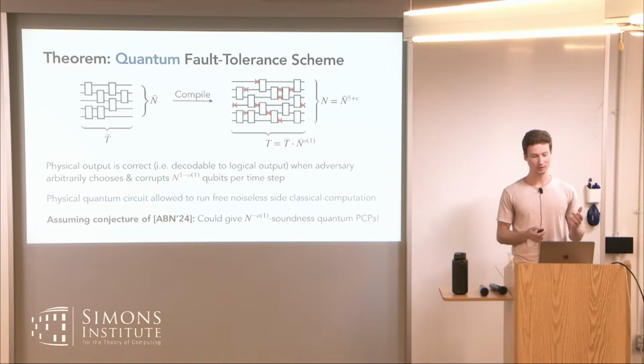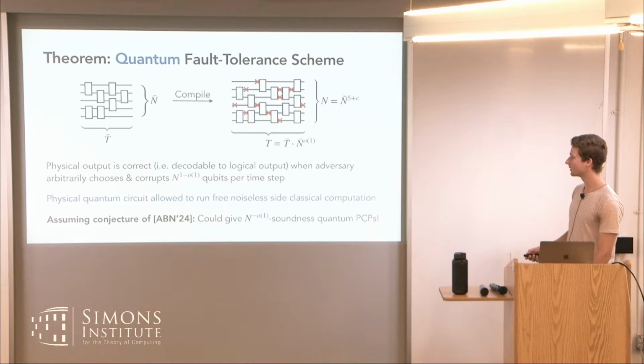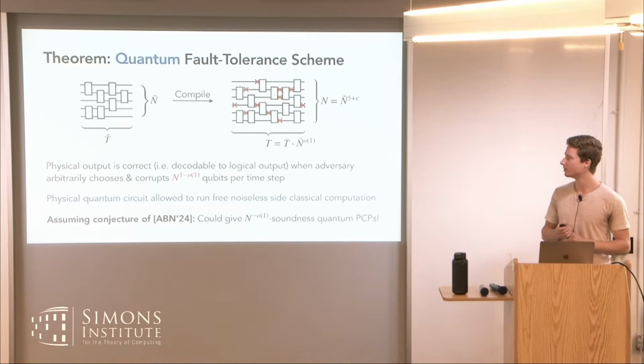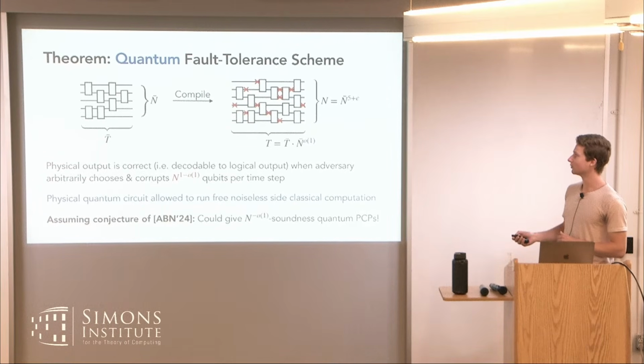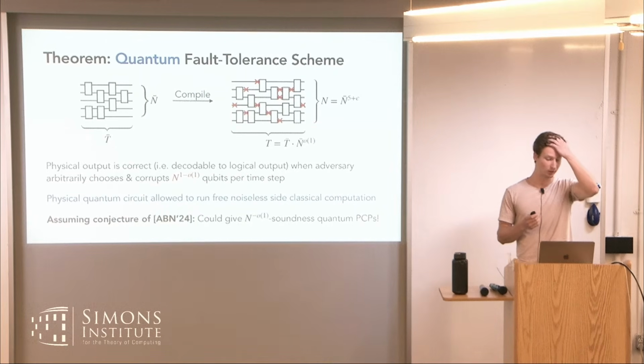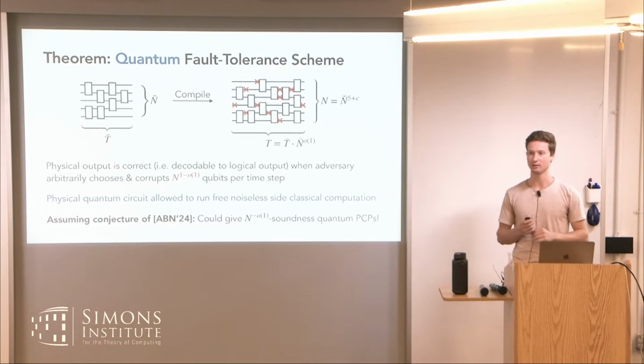Again, it's still somewhat far off from constant soundness, but if we had this conjecture, we could get maybe the first non-trivial PCPs, because inverse polynomial soundness is trivial; it's what you get just from QMA without adding any PCP machinery on top of it. So in some sense, this quantum fault tolerance scheme addresses one of two bottlenecks towards constructing quantum PCPs. And in two slides, I'll describe exactly how these things fit together.